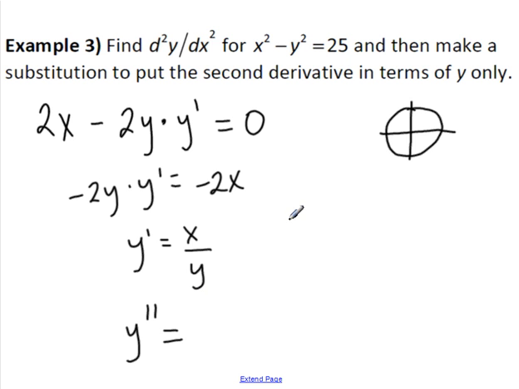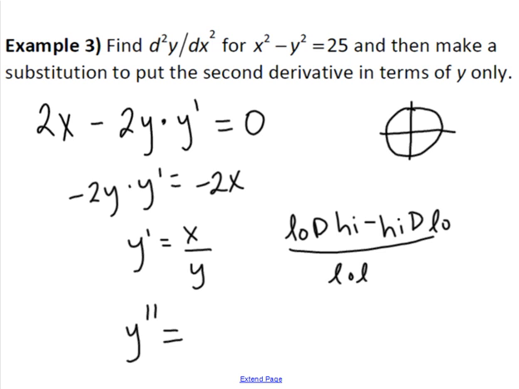So hopefully, I don't know what Mr. Kondasar taught you, but here's how I remember the quotient rule, and that's low d high minus high d low, all over low low. Essentially, that is the low function, so y, times the derivative of the upper function, minus the high function times the derivative of the low function, all over low low, which is the low function squared.